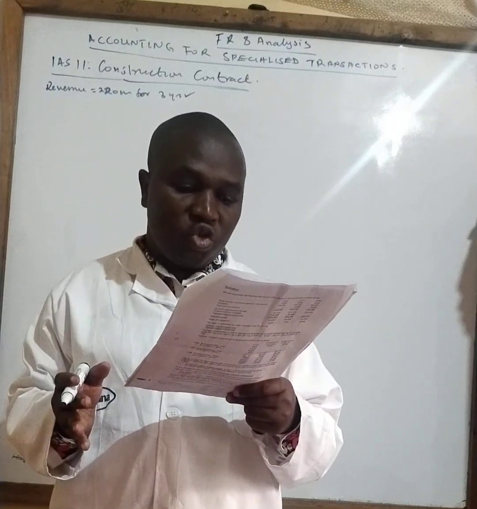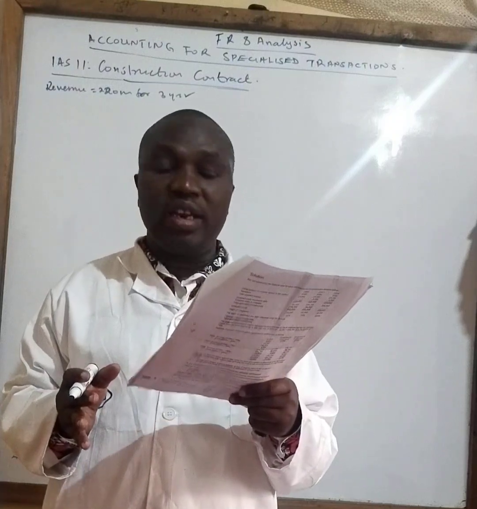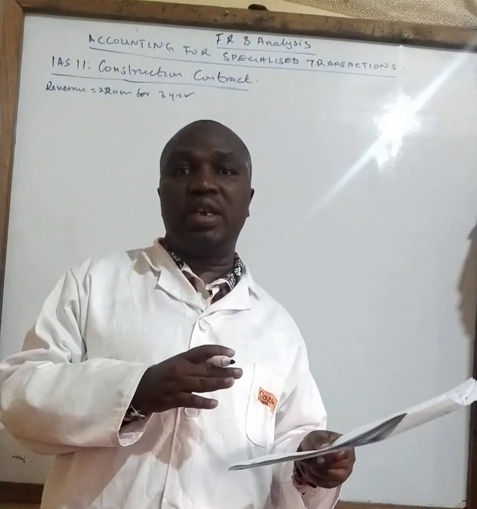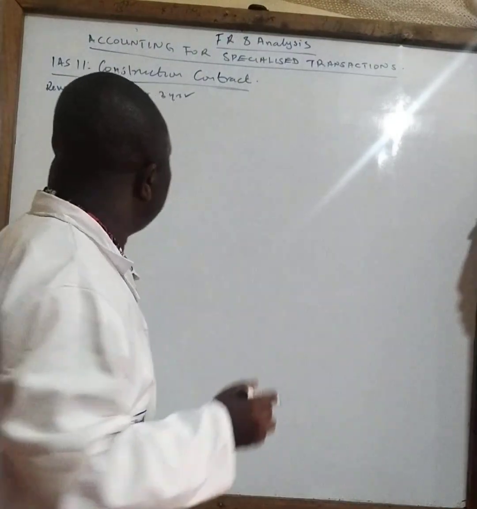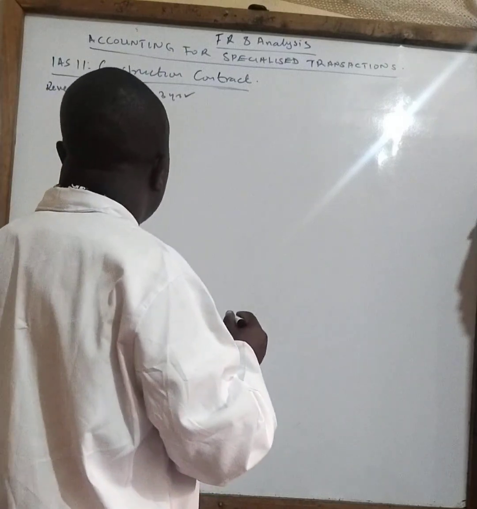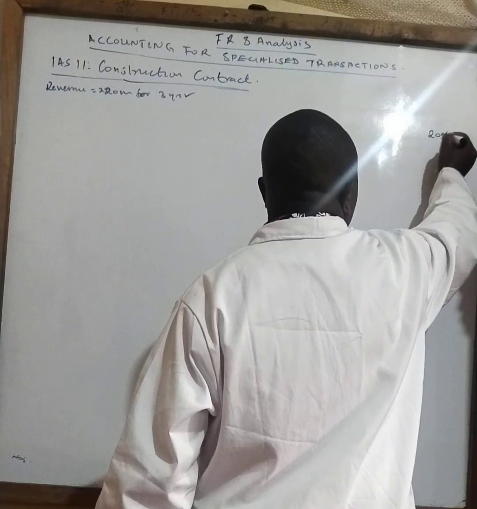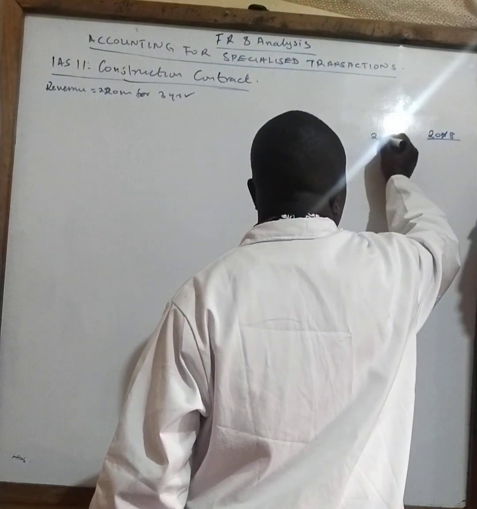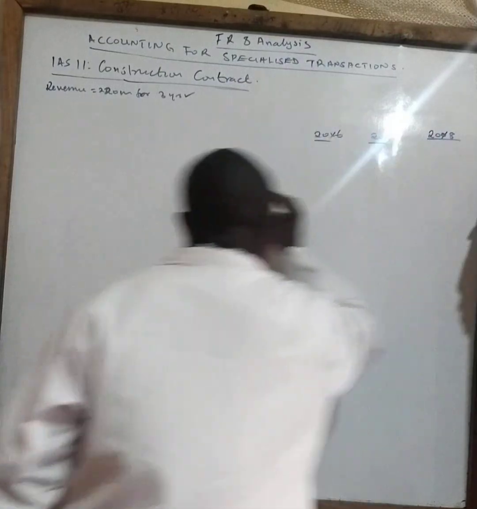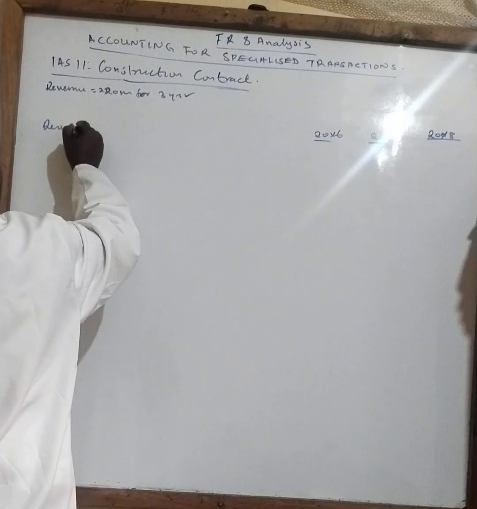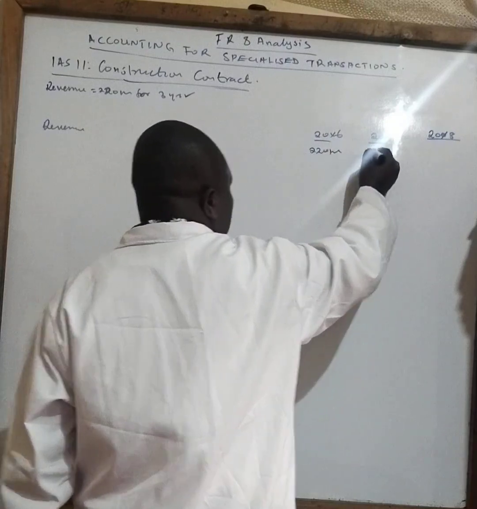And then at the end of 2006, the estimate of the contract cost has risen to 202. At the beginning, 200,000. At the end, 202. That is 2006. Therefore, let me put here 20x8, then 20x7, and then we have 20x6. Correct? Then we may say revenue has been estimated to be 220 for 3 years.